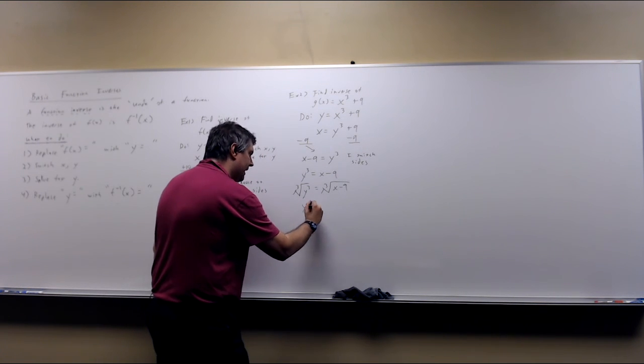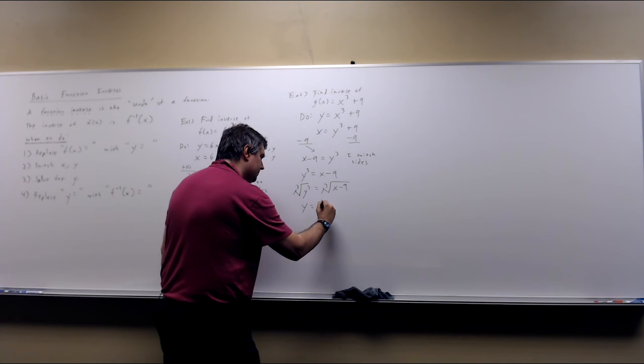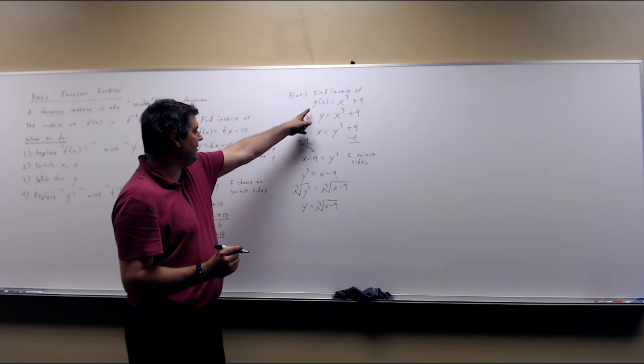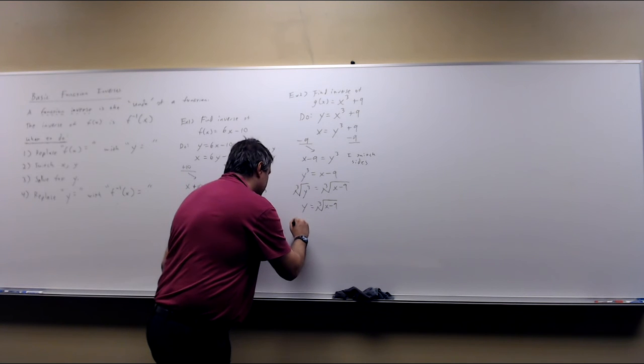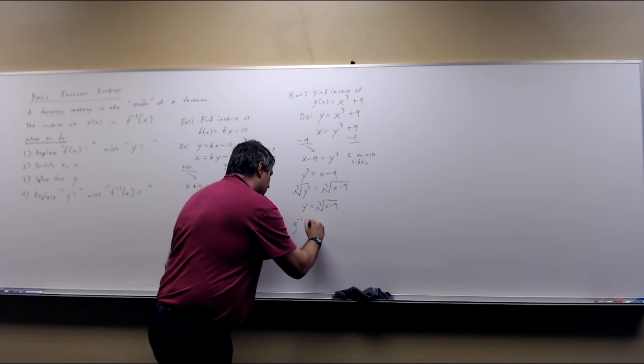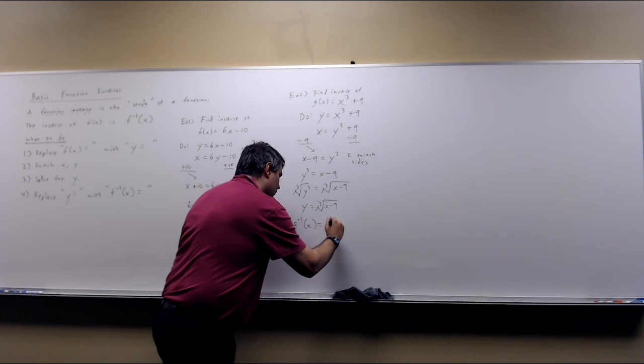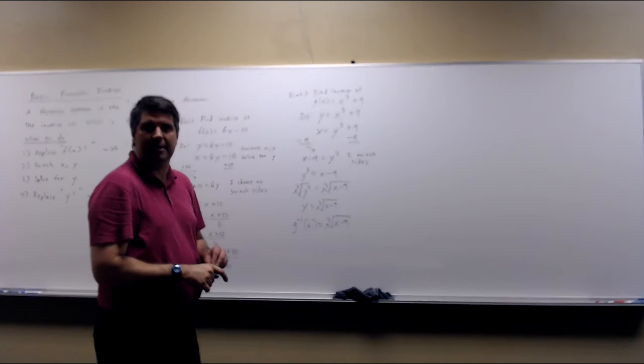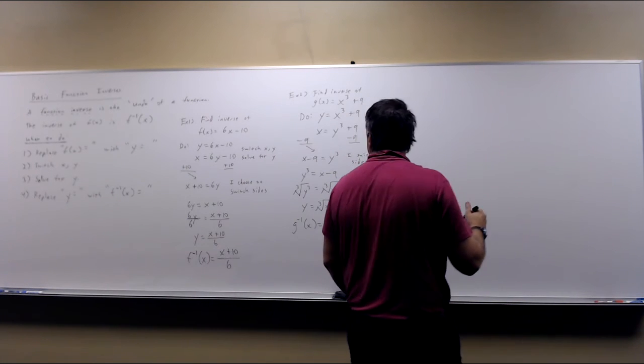This leaves me y equals the cube root of x minus 9. And since it was g of x, it's now g inverse of x. That's it. I'm done.